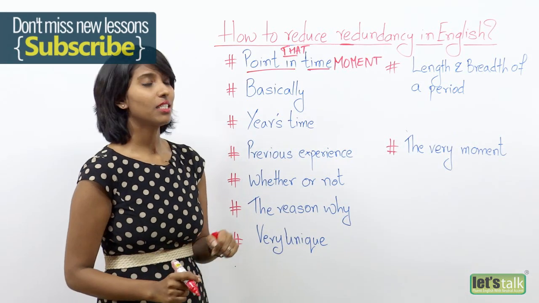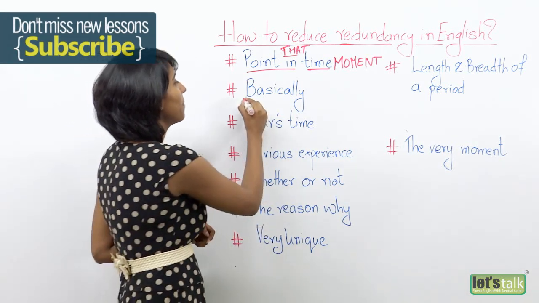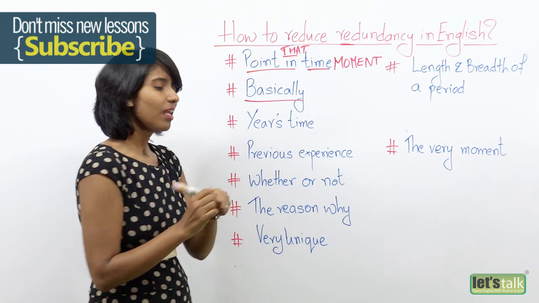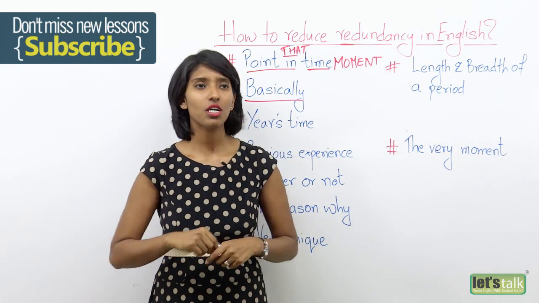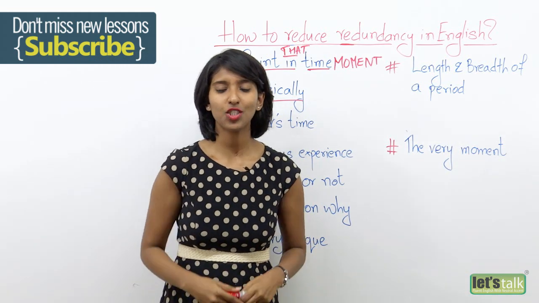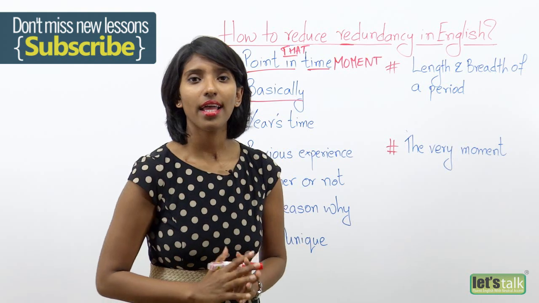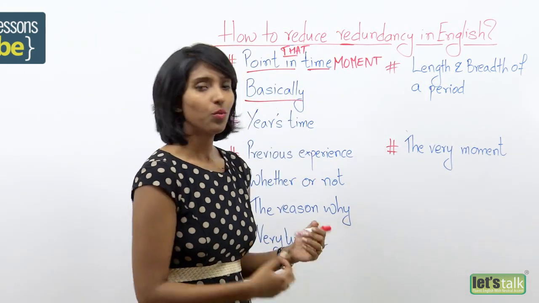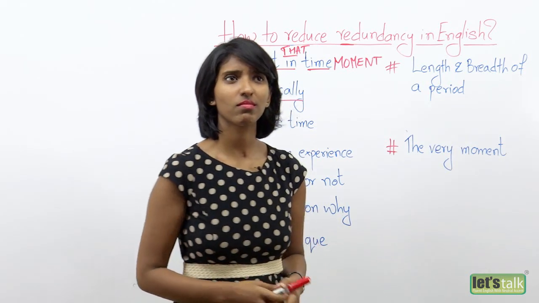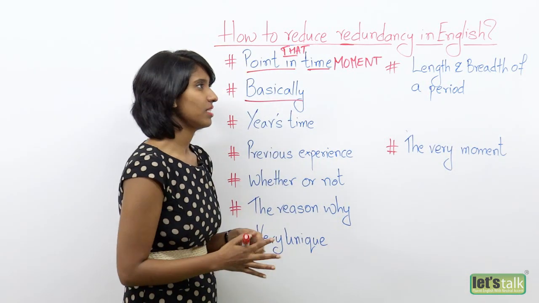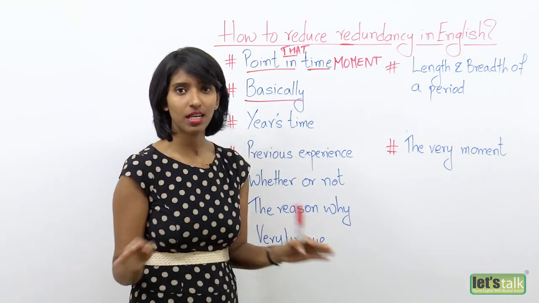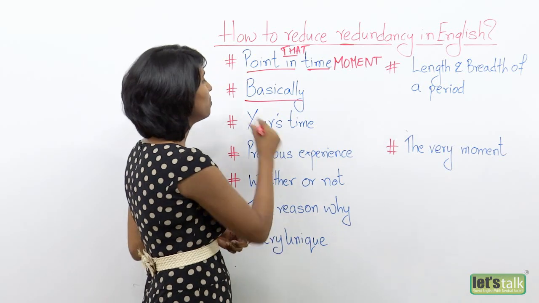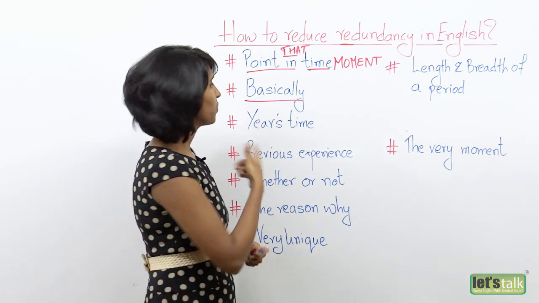The second is basically. If you've noticed, if a salesman comes to you and he's trying to sell you a product and he starts like this, basically, this item will help you in this way. What is basically? Basic means something underlying. True, but do you really need that word here?